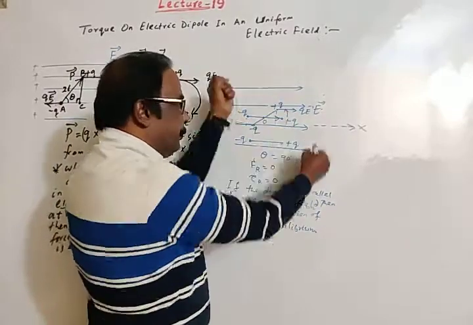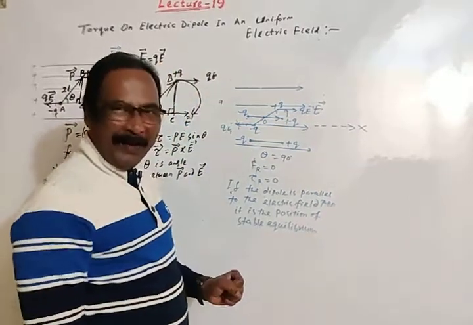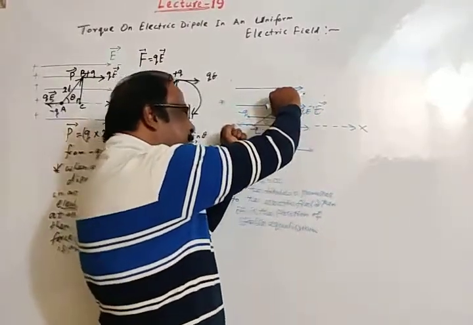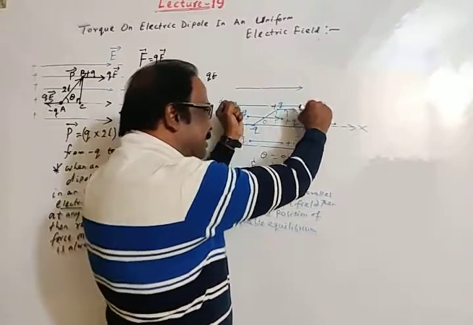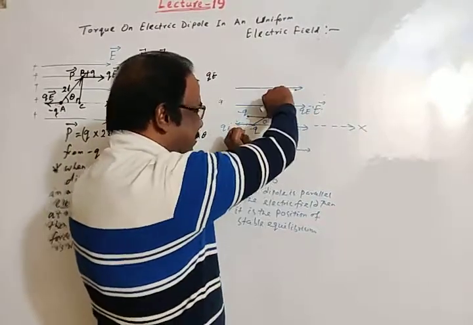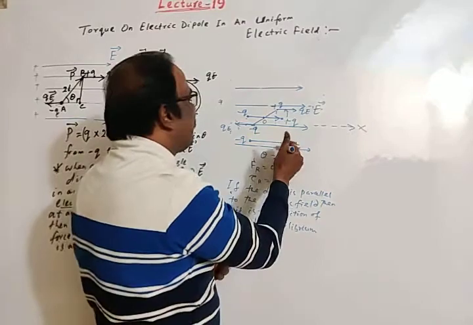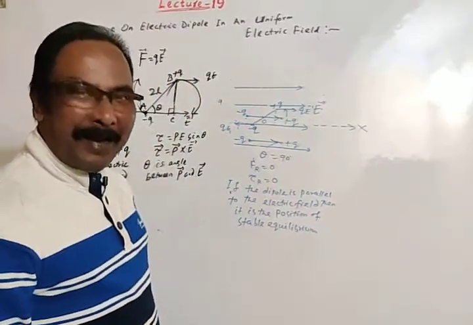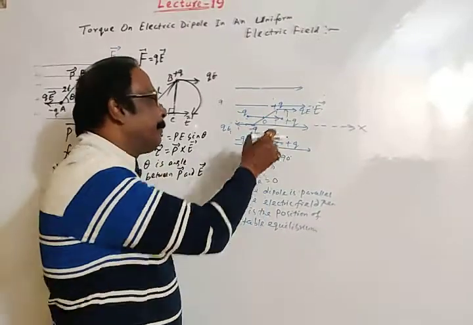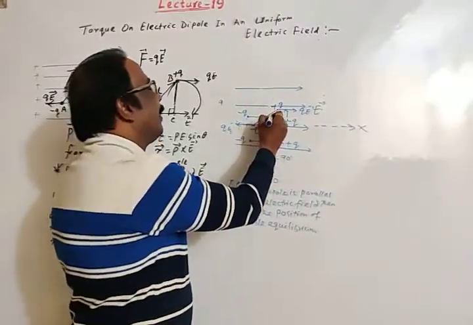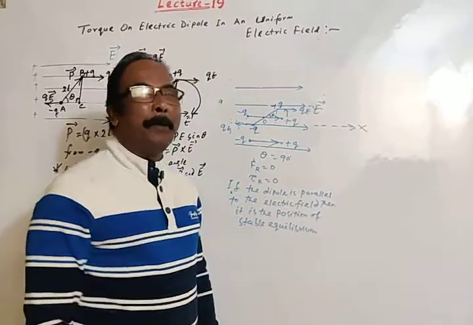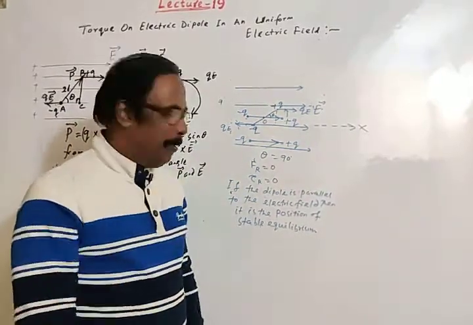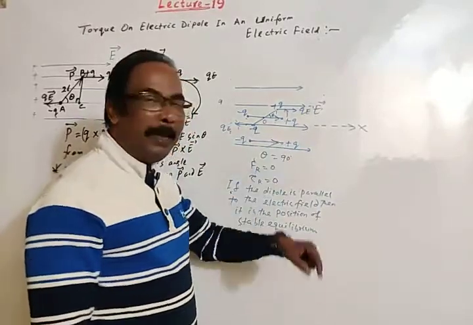Again the dipole will orient itself from minus q to plus q. Do you imagine? This qE and this qE will rotate the dipole like this, clockwise, and again the dipole will align itself parallel to the direction of electric field. So whatever be the position of the dipole, the dipole always tends to orient itself parallel to the direction of electric field.